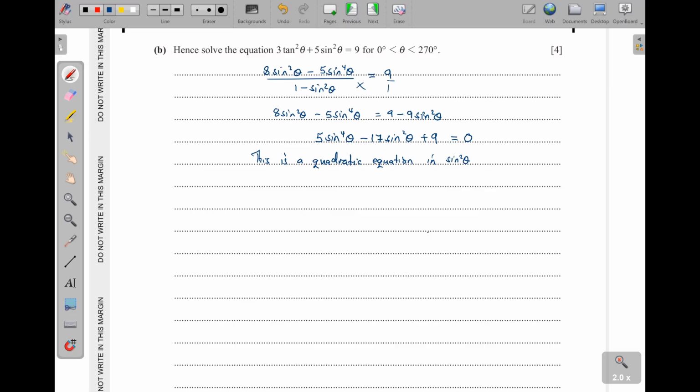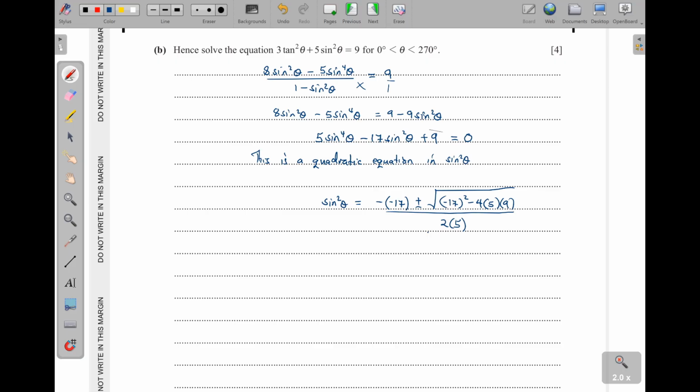So that means I can use the bulldozer method, and we say that sine squared theta is going to be negative b. The b is a minus 17, plus or minus the root of b squared minus 4ac, then out of 2a.